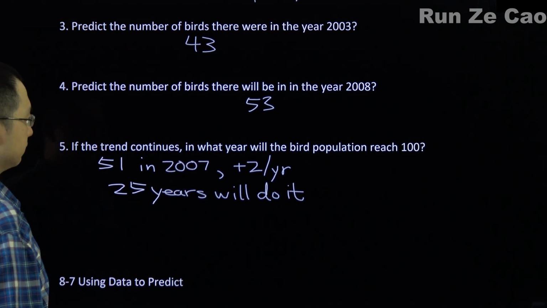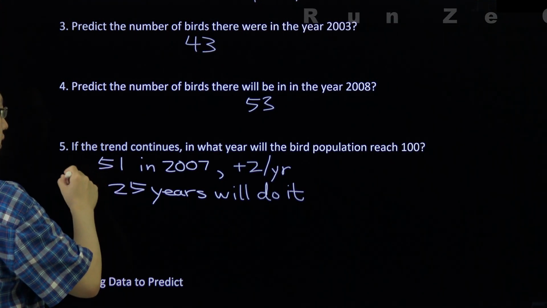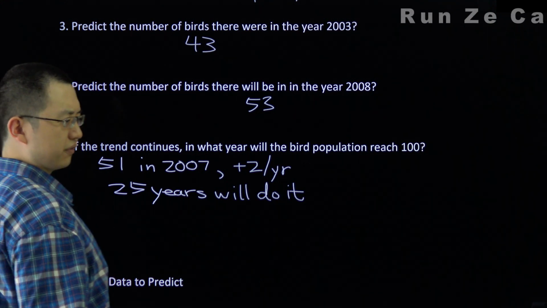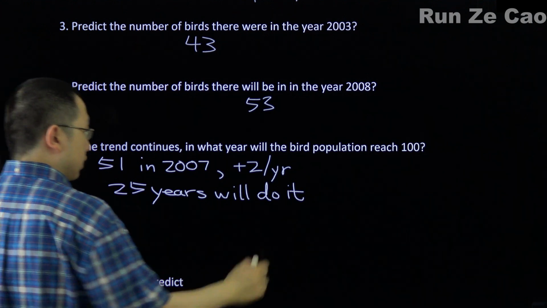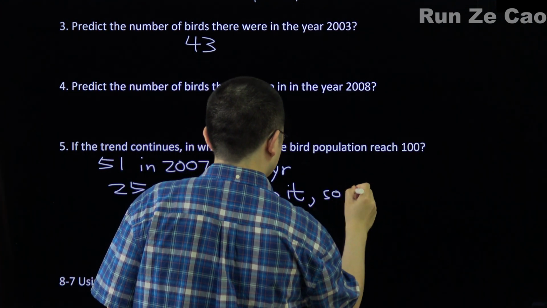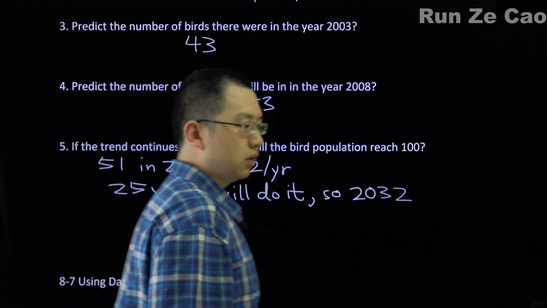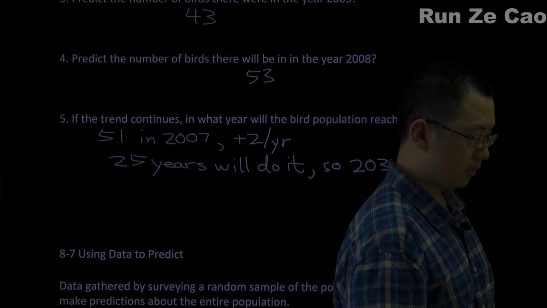Therefore, you might have to show mathematically that, like, 101 minus 51 over 2, or 50 over 2 maybe. So 25 years will do it. So 2032 we'll have the bird population reach 100.